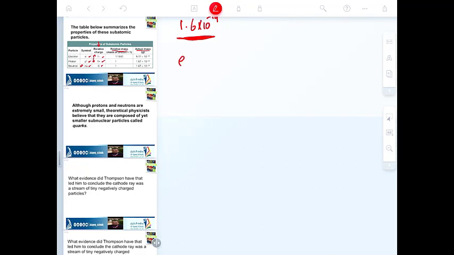The electron has a charge of 1.6 times 10 to the negative 19. This is not relative, it's called the actual charge.